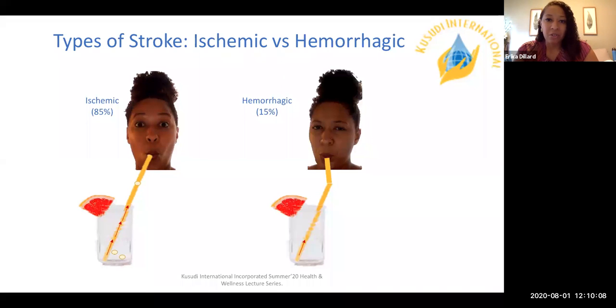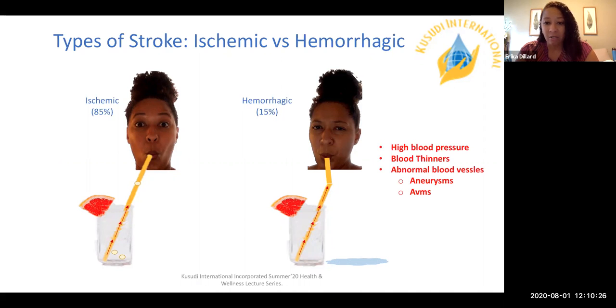Another type of stroke is called a hemorrhagic stroke, which makes up 15% of all strokes. In this case, in the animation of the straw, juice is able to flow up to a certain point, but if there's a break in the straw, the juice spills out and never reaches its destination, which is your lips.